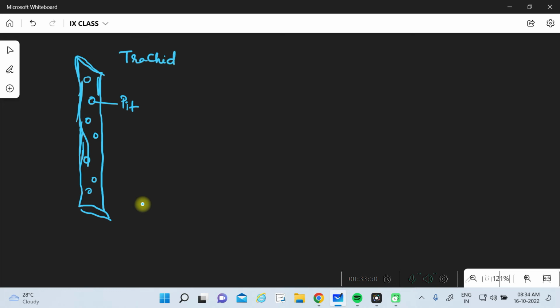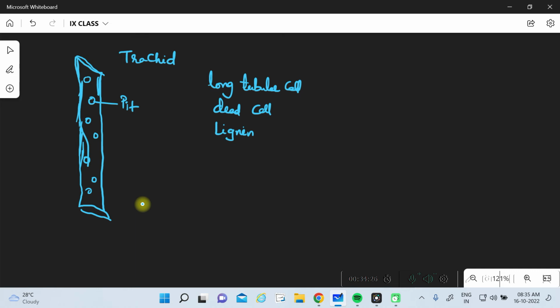It is a very long tubular cell, and it is a dead cell. It is thickened with lignin substance. Because of the presence of lignin in the walls, it is called having lignified walls.